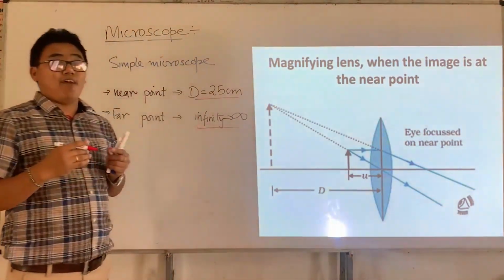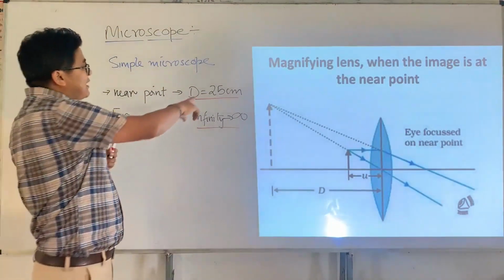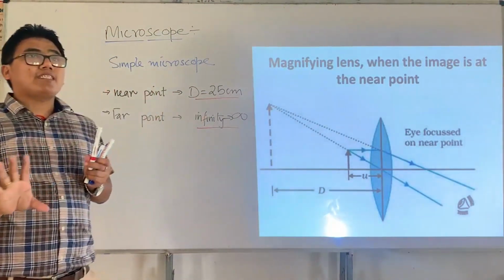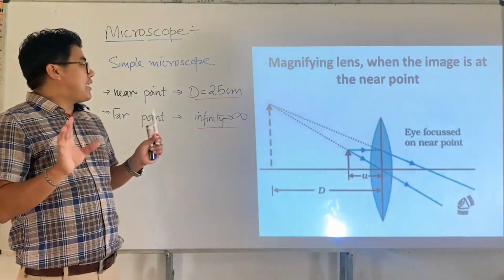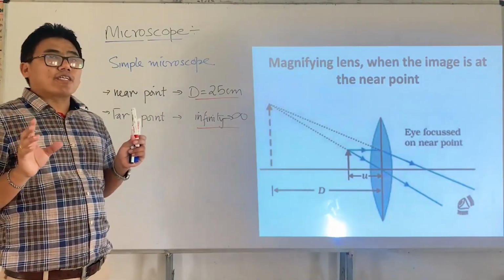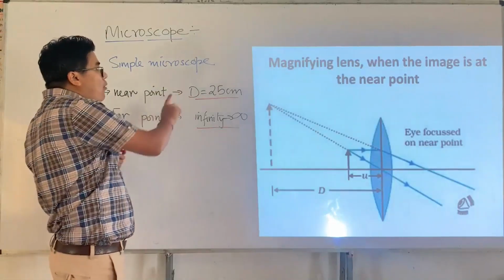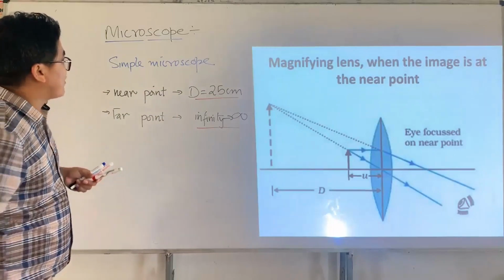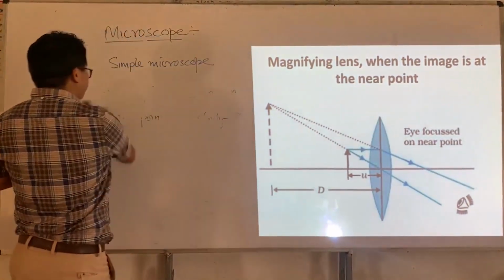These are the two options we have. So whenever we talk about a microscope or a telescope, we have two options for keeping the image, either at the near point or at the far point.